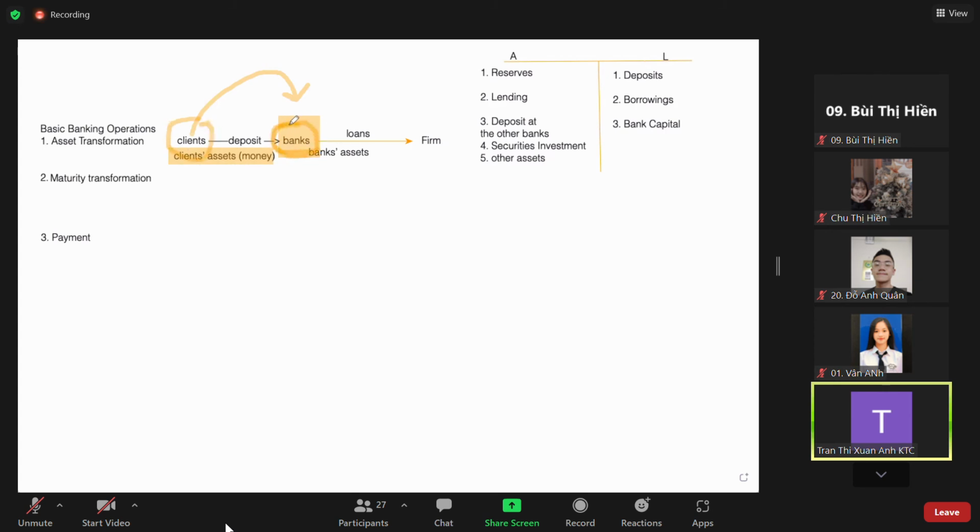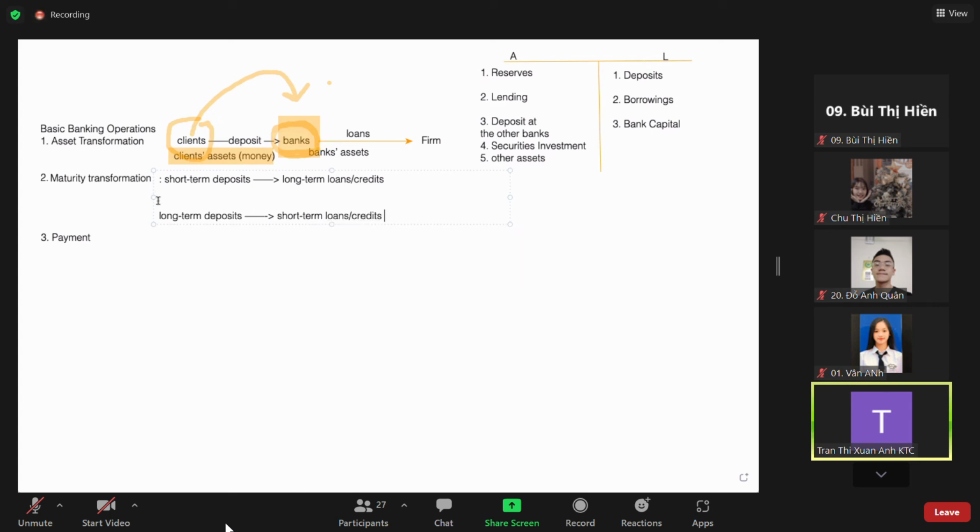And the second one, maturity transformation, means that with the existence of the bank, some short-term products, like short-term deposits, could be transformed into long-term loans or credits. And the second option is that long-term deposits will be used to finance short-term loans or credits, right?